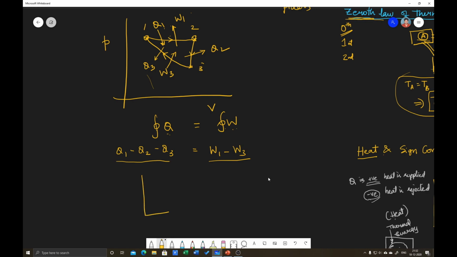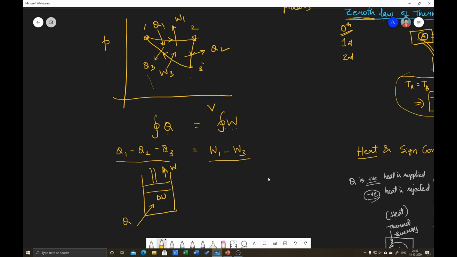Or you can see it like this. I have already told you that whenever, say suppose, heat is supplied to the system, some part will be converted to change in internal energy, and some part will be converted to work. So this is for the 1 to 2 process, again 2 to 3 and 3 to 1.